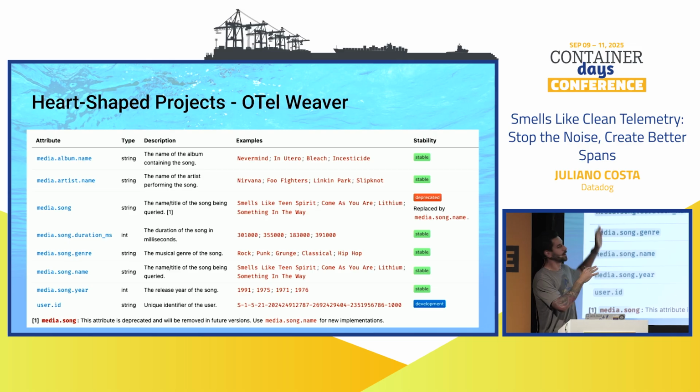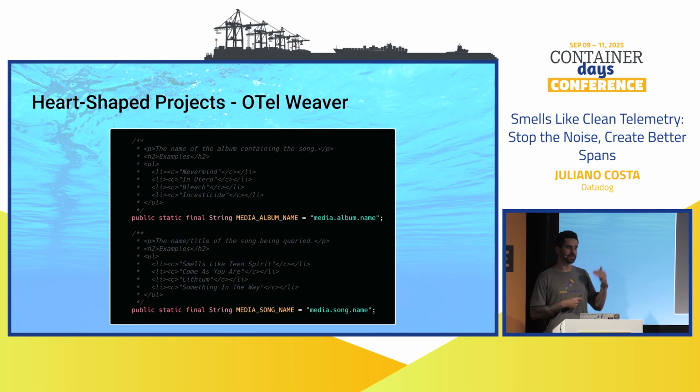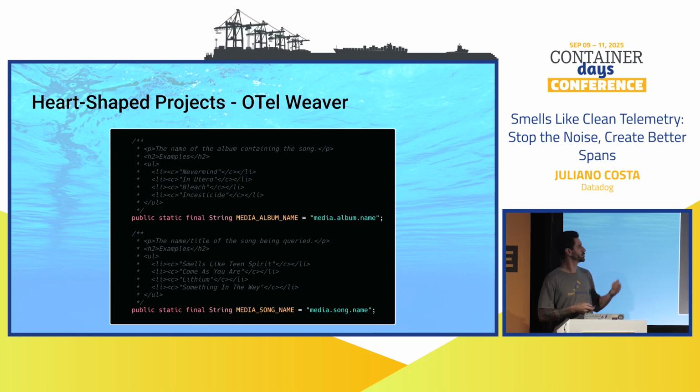So once you have this doc, you can share it with your team, put it in a repository or something, and then everyone can check the attributes that exist. Another thing that we can do with Weaver is creating code. So you define all your attributes used company-wide, and then generate the class.